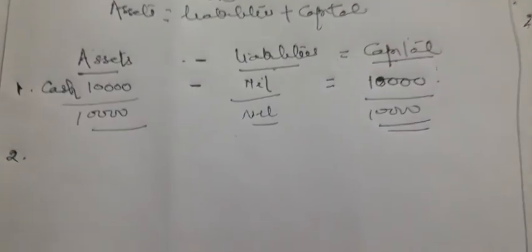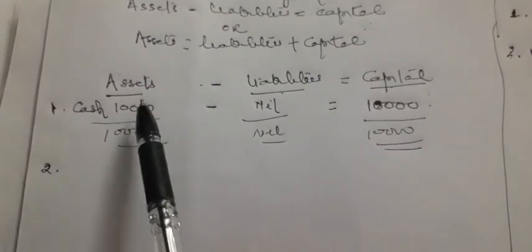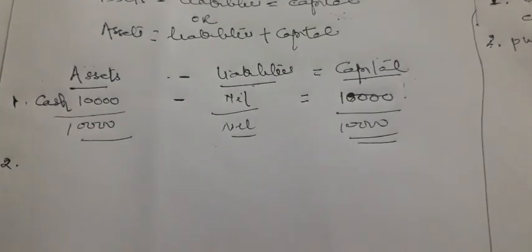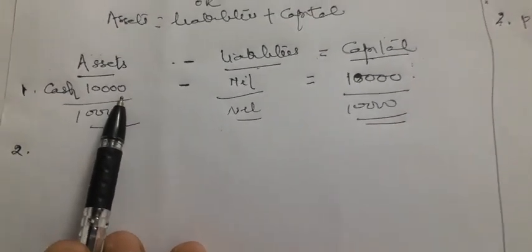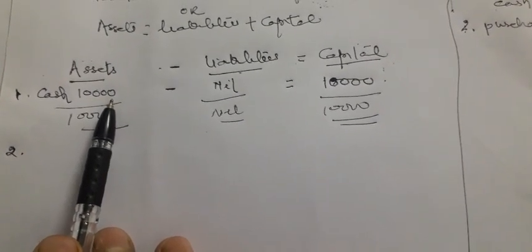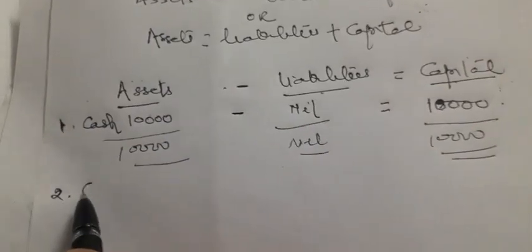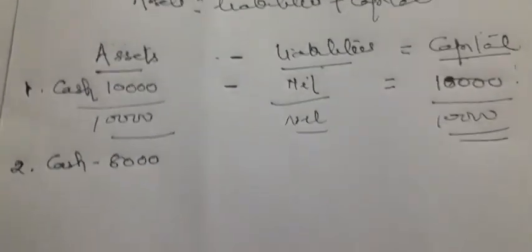Now, second transaction. When we are preparing the second transaction, we should not forget what is there in the first transaction, the previous transaction. In the first transaction we had cash of 10,000, but since we have purchased goods for rupees 2,000, cash is going out of the business. So out of this 10,000, in the second transaction, the remaining cash will be 8,000.